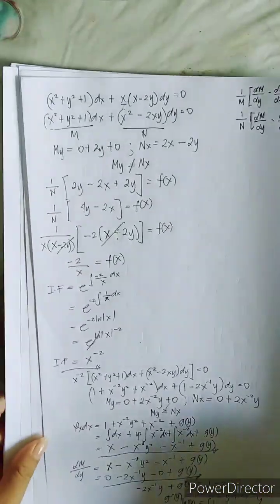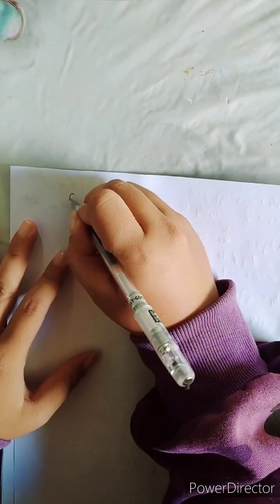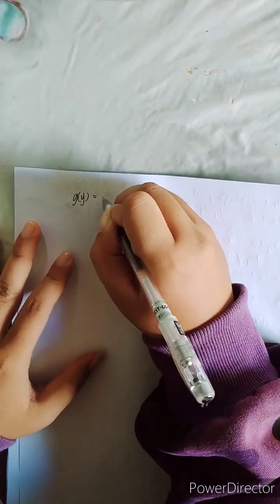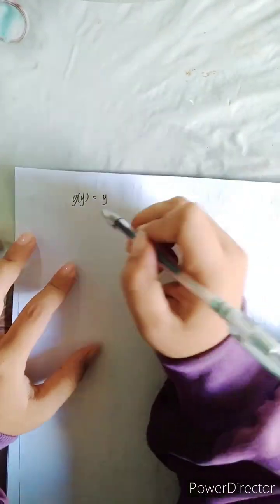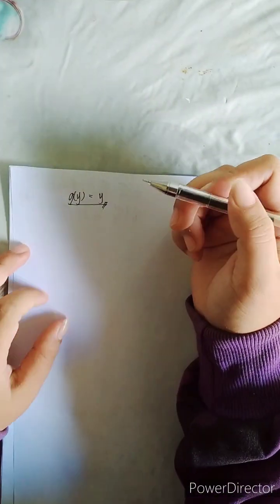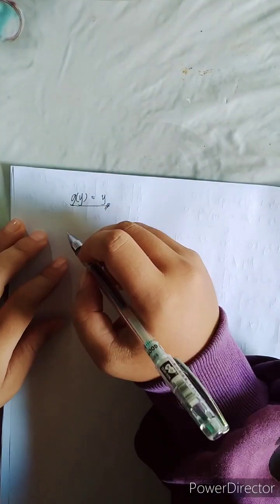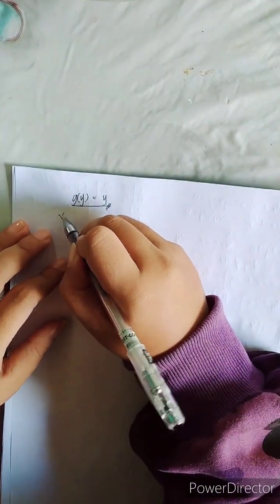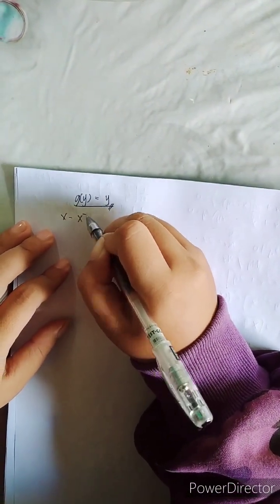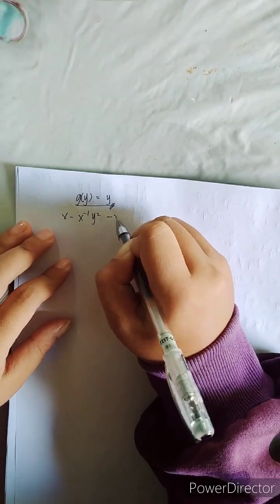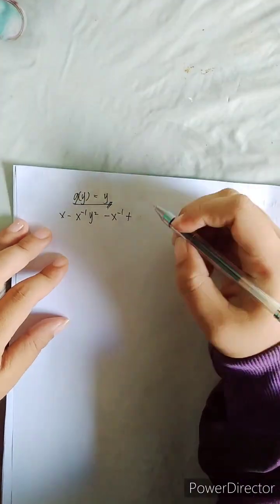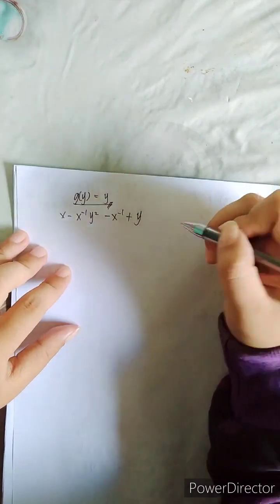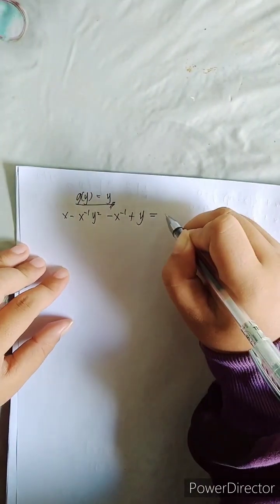Then our g of y is equal to y. Then plug in this value of g of y into our general solution, which is x minus x to the negative 1 y squared minus x to the negative 1 plus y equals c.